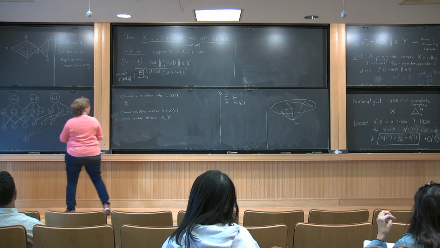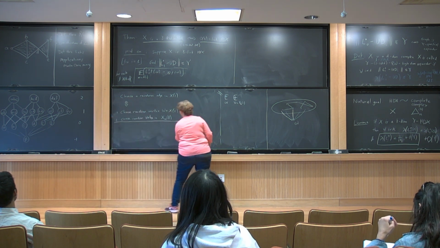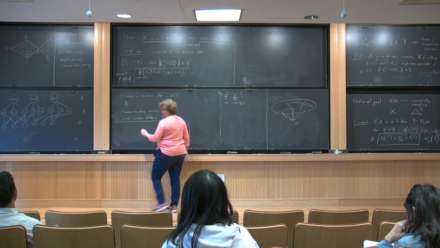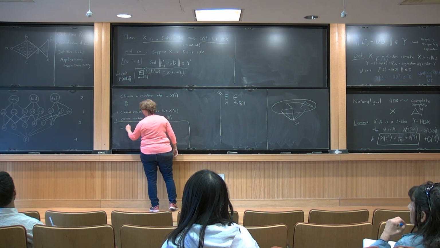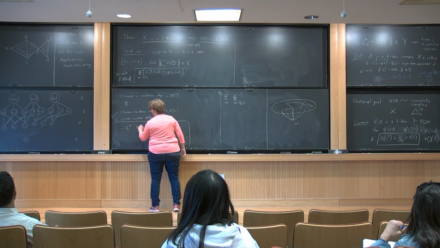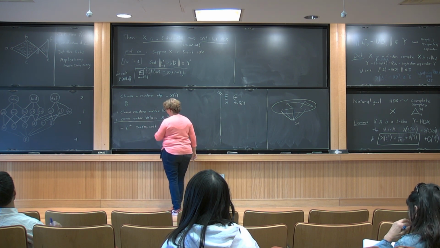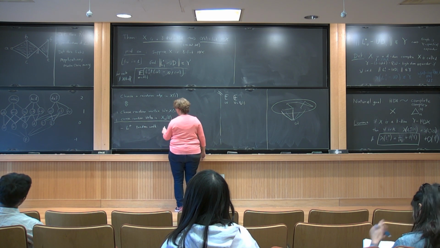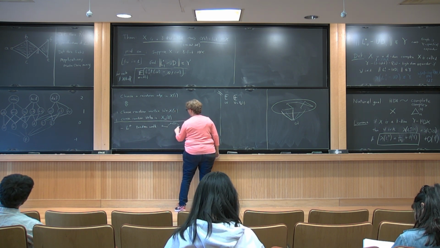I probably didn't say it correctly. So maybe this will be easier to say: the L plus random walk, you can think of it as you move from an edge to a triangle and then back to an edge.